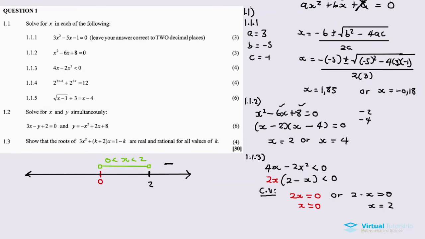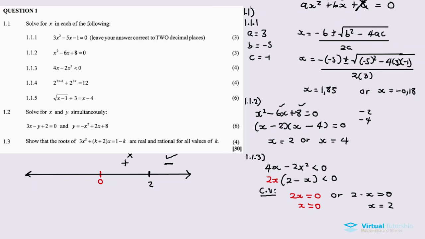Because our values are between 0 and 2, the expression becomes positive. And I want the x values that give me a negative value when I substitute. So these are not correct, because when I substitute any value between 0 and 2, I get a positive value, which is not correct for this inequality, right?